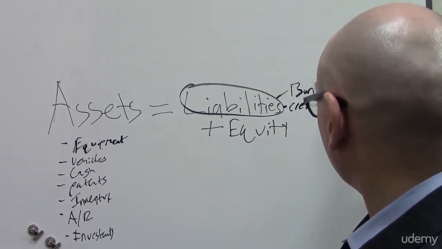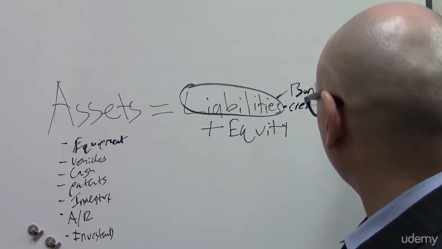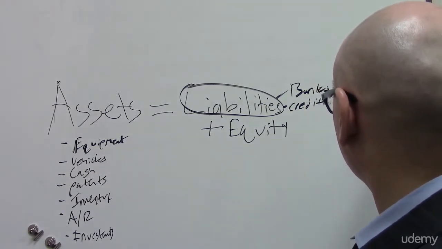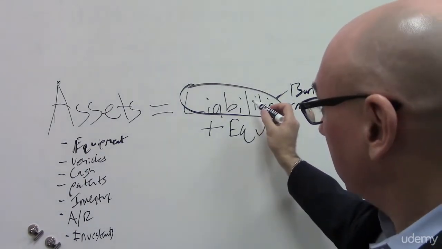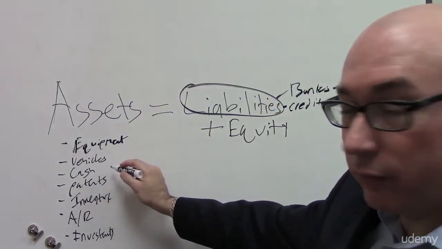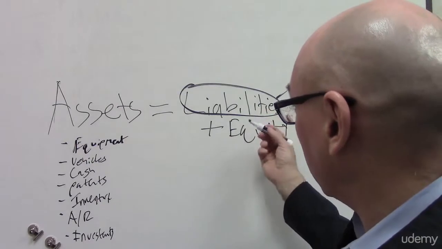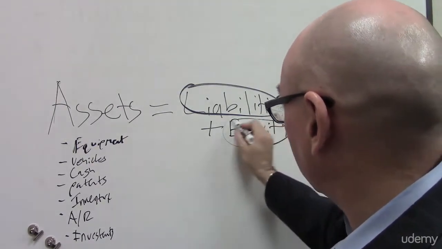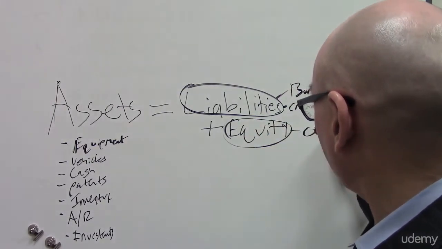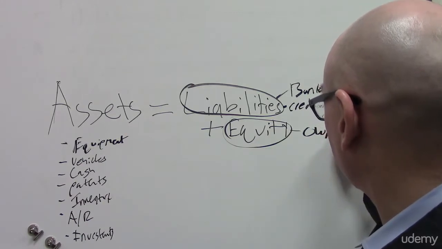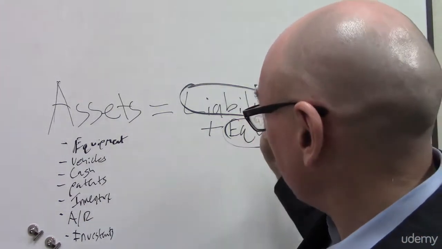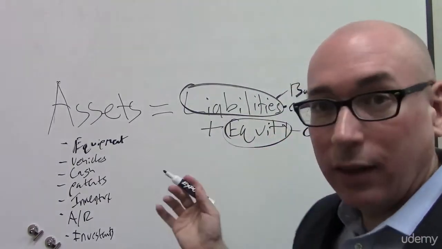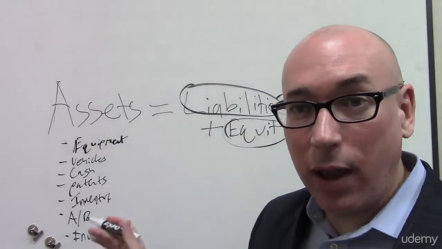We have accrued liabilities. Basically, anybody that has a claim on this stuff has liability. And then we have equity, the owners. So we have assets equals liabilities plus equity. The accounting equation always has to balance.